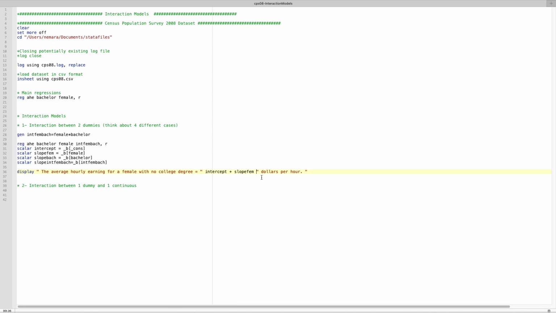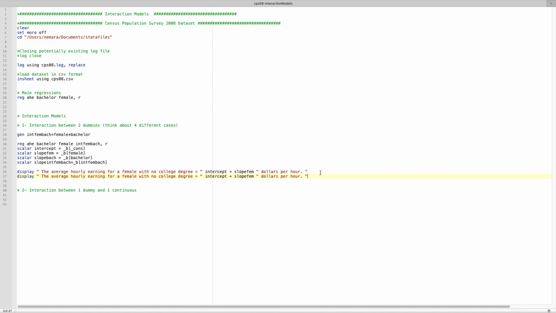Okay, so the intercept is the coefficient of this regression. I'm asking about a case of a female, so this variable is taking 1 and no bachelor degree, right? So this one is 0, 1, 0. So I'm left with the intercept and the coefficient of the variable female. Suppose you can make so many questions out of this result.